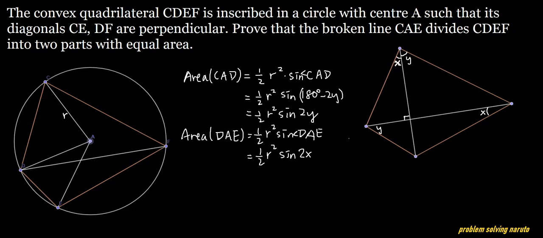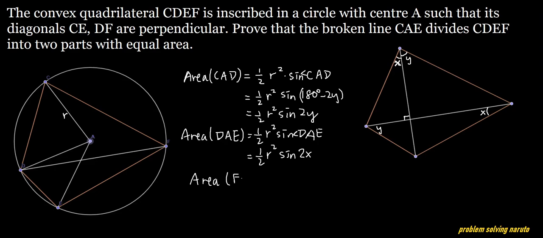Now I think you can see where my solution is going. Later I can calculate the area of triangle CAF and then triangle FAE, and you can try, and you will see that it boils down to the same thing. So I'll just skip a lot of steps.